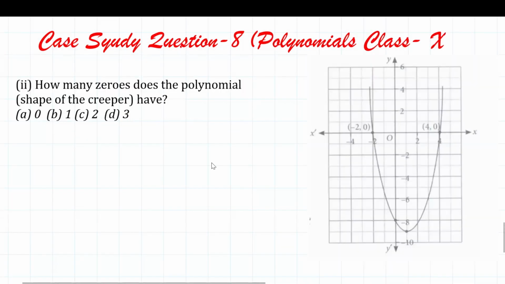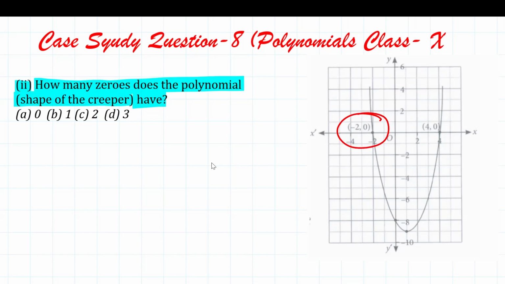Coming to the second part: how many zeros does the polynomial shape of the creeper have? So zeros are what? Zeros are the x coordinate of the point where the graph touches the x-axis. So one zero is this, and the other zero is this. Remember, it may not have 2 zeros.